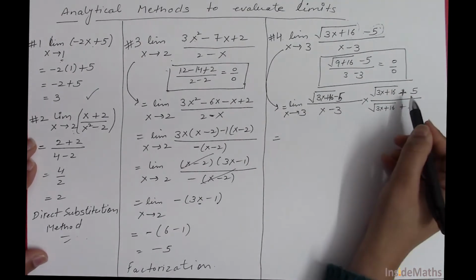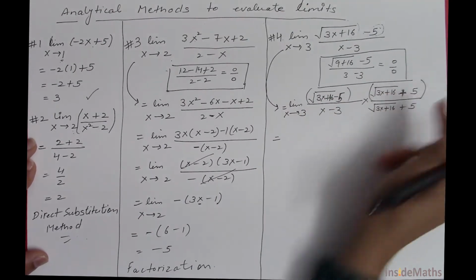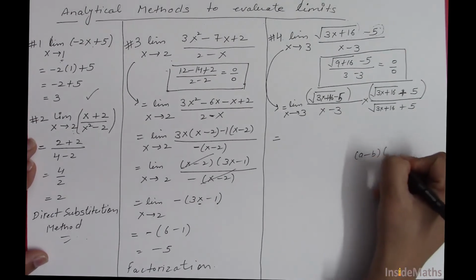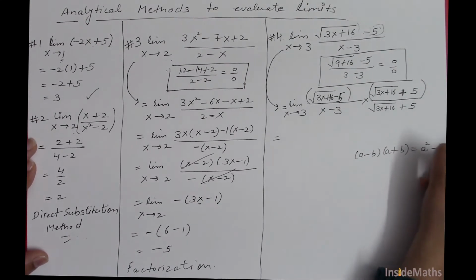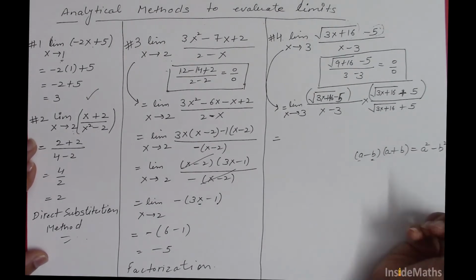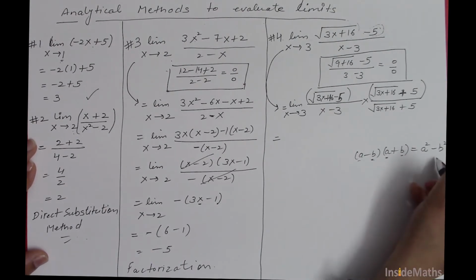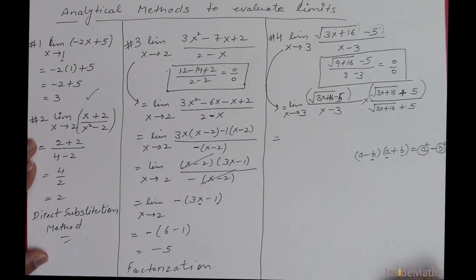Now here again, this is similar to the form (a minus b) into (a plus b), which is equal to a square minus b square. That means first term minus second term into first term plus second term. So what is the result? First term whole square minus second term whole square.